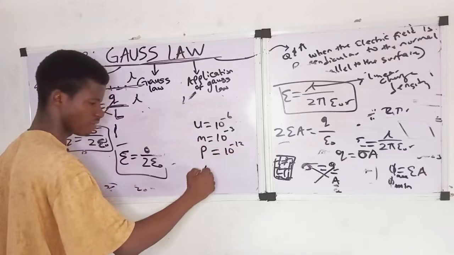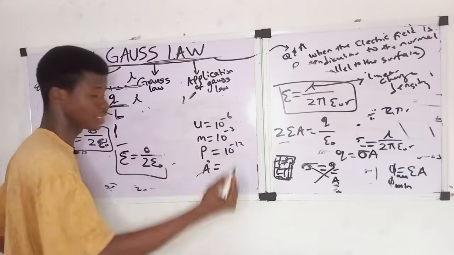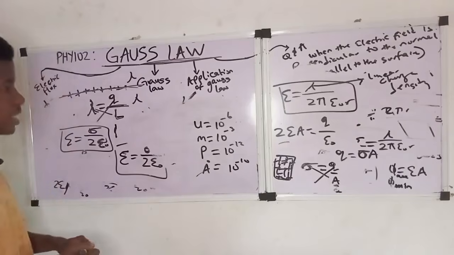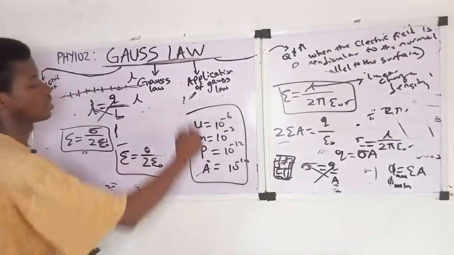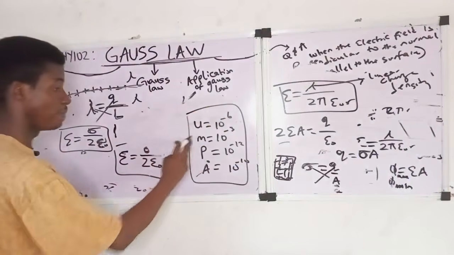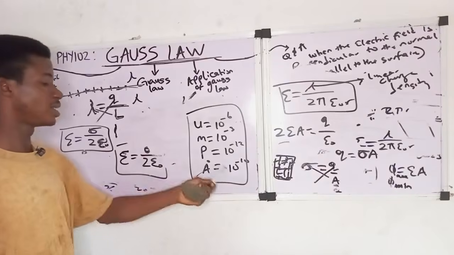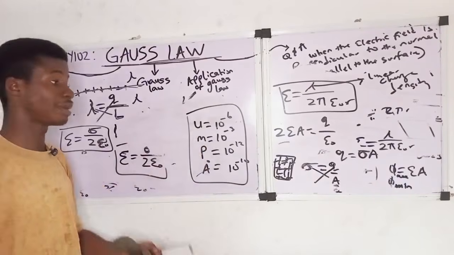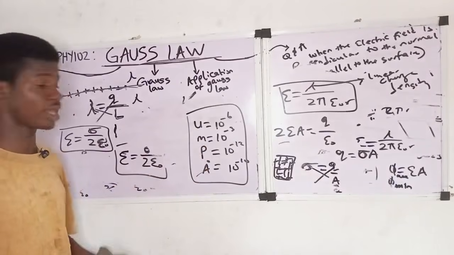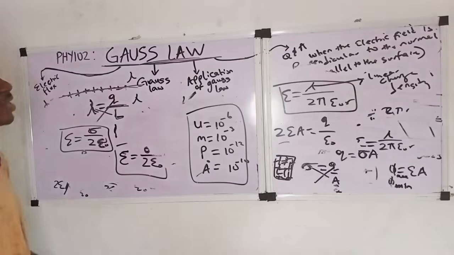Then there is still one value that looks like this, I think it is Angstrom, I don't think I pronounce it well. It's 10 raised to minus 10, if I'm not mistaken. So just note these values: micro is 10 to the minus 6, milli is 10 to the minus 3, pico is 10 to the minus 12, Angstrom is 10 to the minus 10.